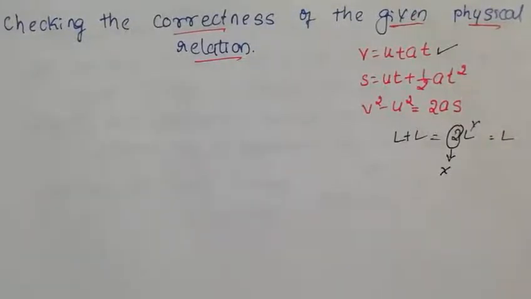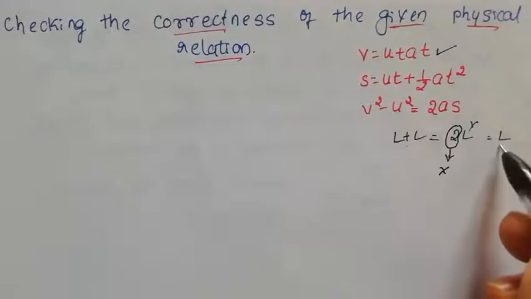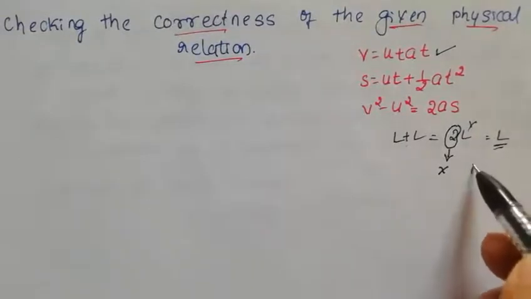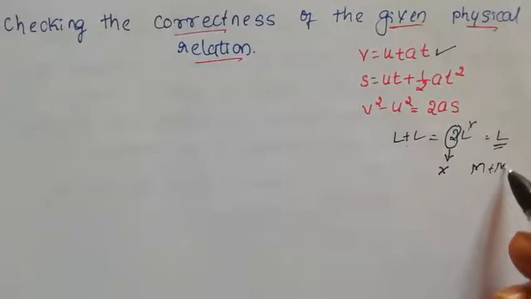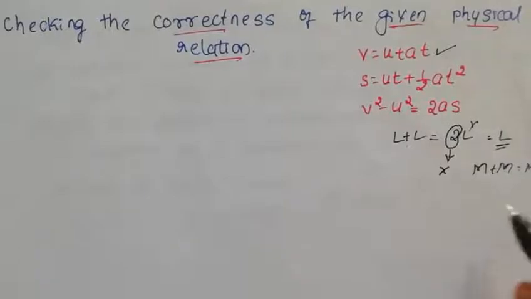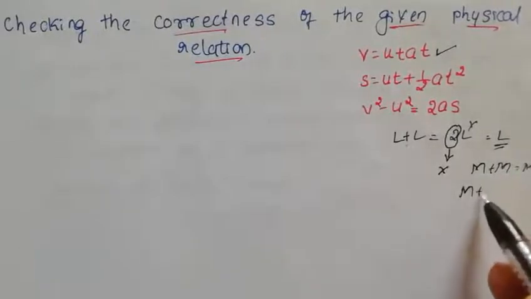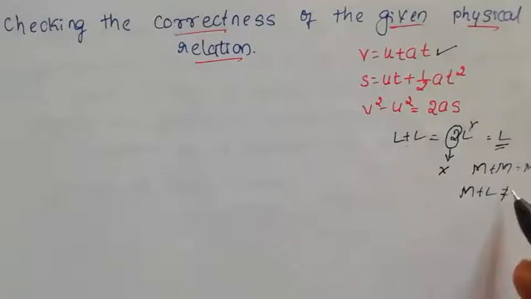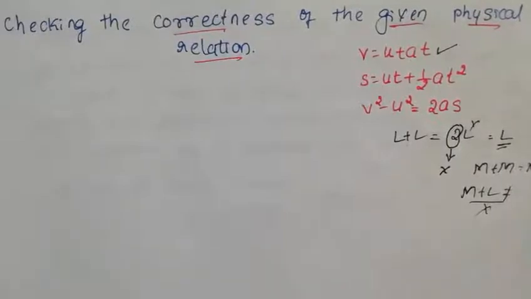That is one of the biggest demerits of dimensional analysis. So L plus L is L only, not 2L. M plus M is only M, and you cannot add M plus L. That is not allowed in the dimensional method.